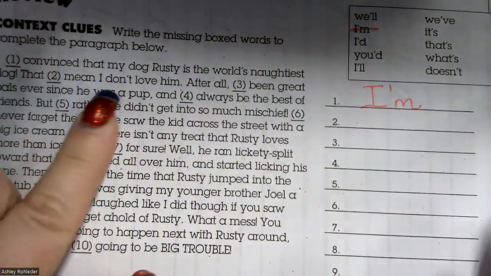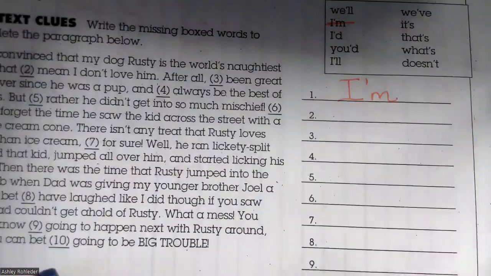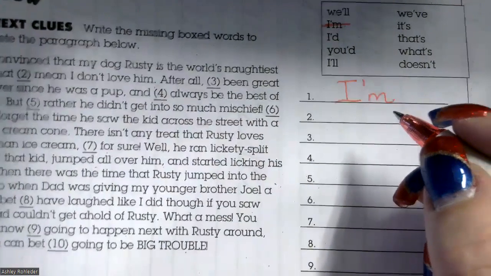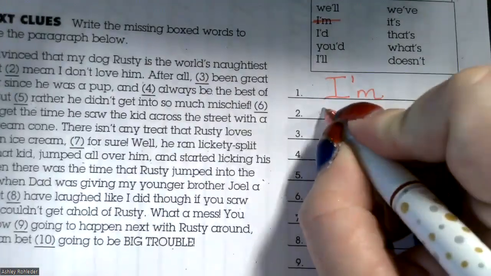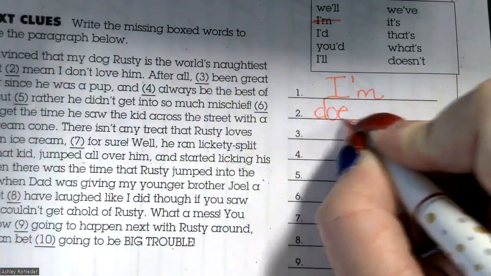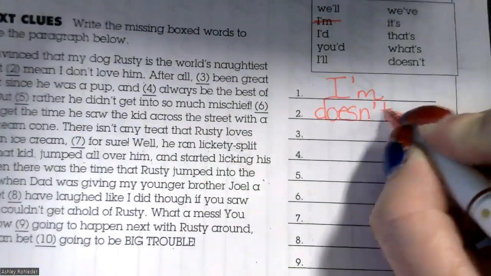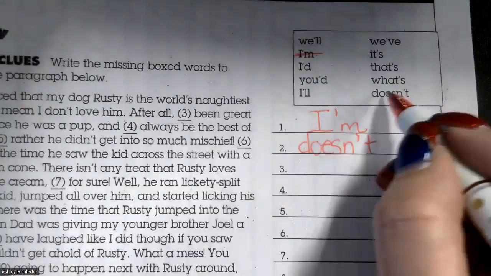That blank mean I don't love him. That does not mean I don't love him. Does that sound right? Yes. Doesn't. N apostrophe T. I'll cross that out.